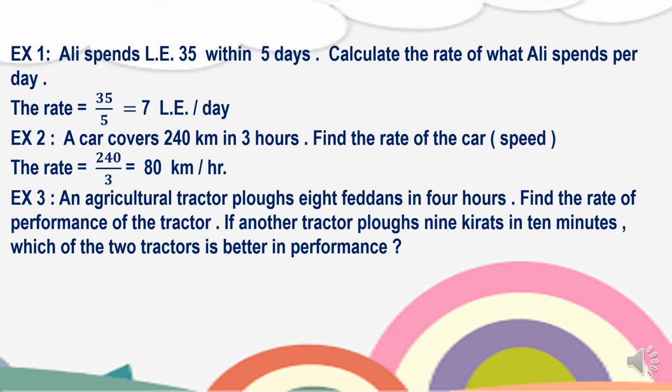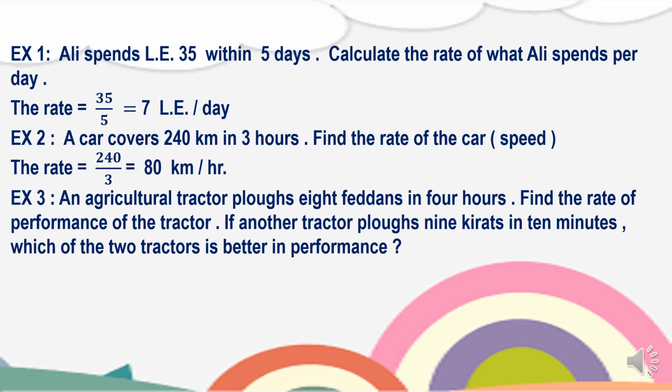Exercise 3. An agricultural tractor plows 8 fadden in 4 hours. Find the rate of performance of the tractor. If another tractor plows 9 kirat in 10 minutes, which of the two tractors is better in performance? In this exercise, I have two tractors and I need to compare between them.